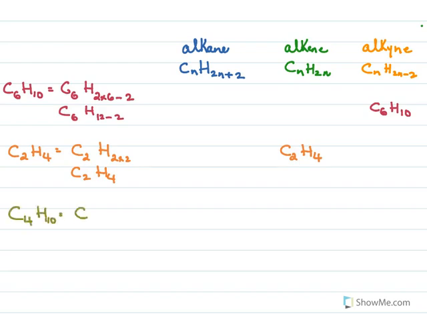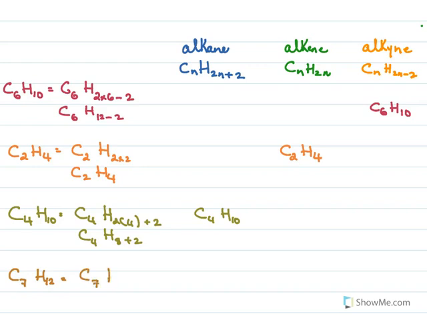Then we have C4H10. C4, H is 2 into 4, that is 8. You have to get 10, so plus 2. So C4H8 plus 2, alkane. C4H10 would be an alkane. Then the last, C7H12.